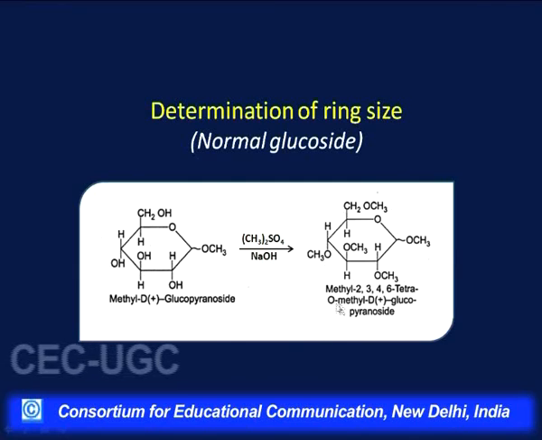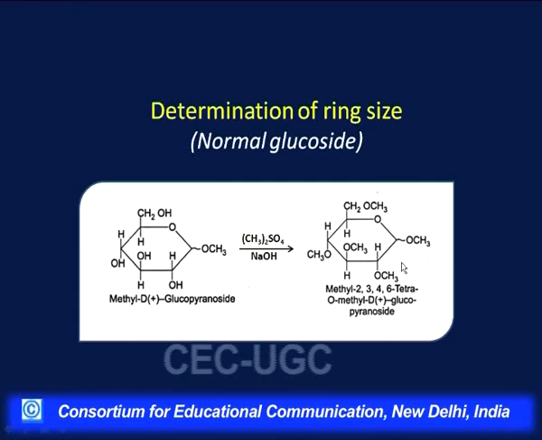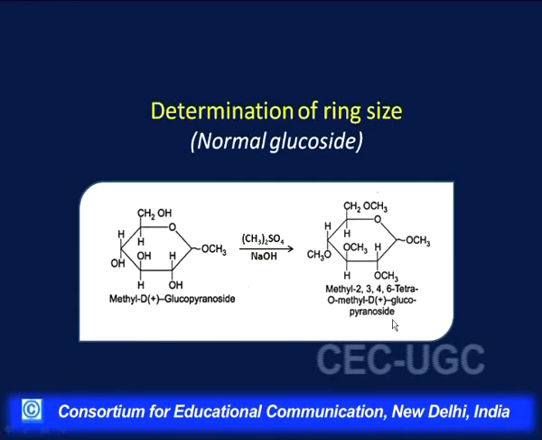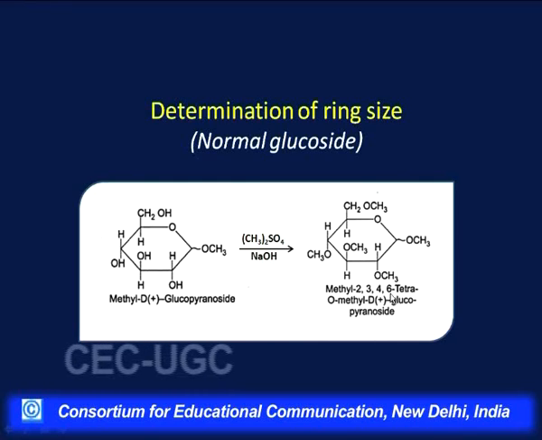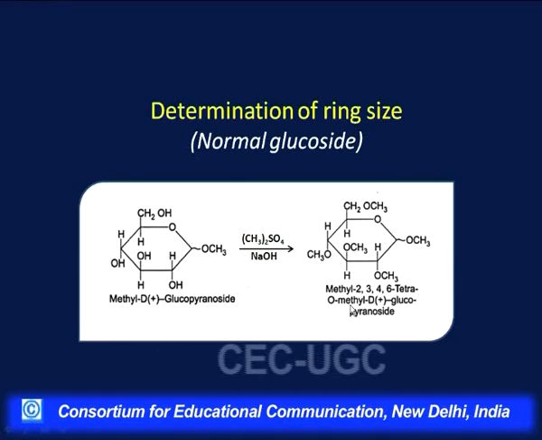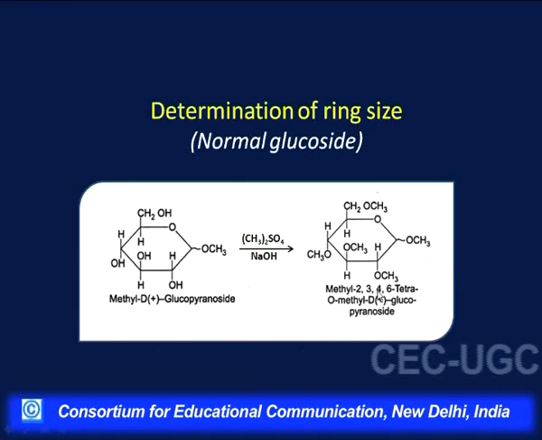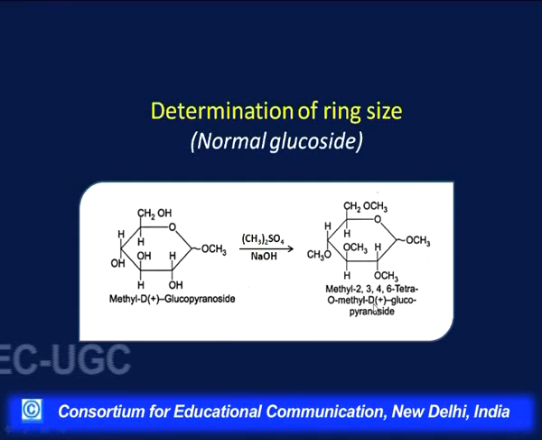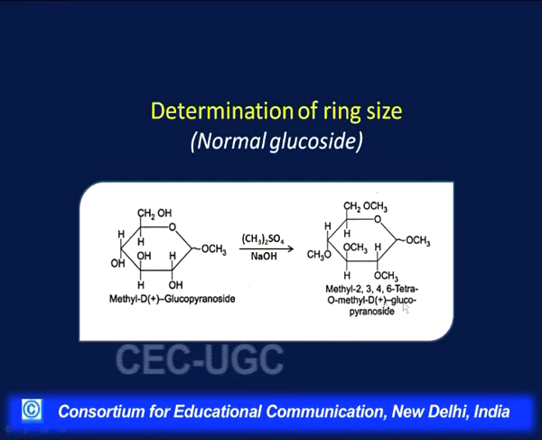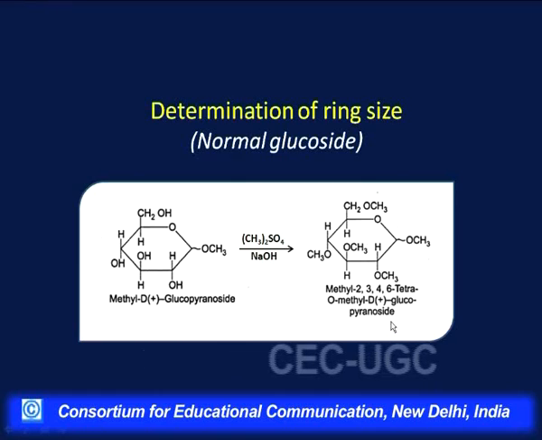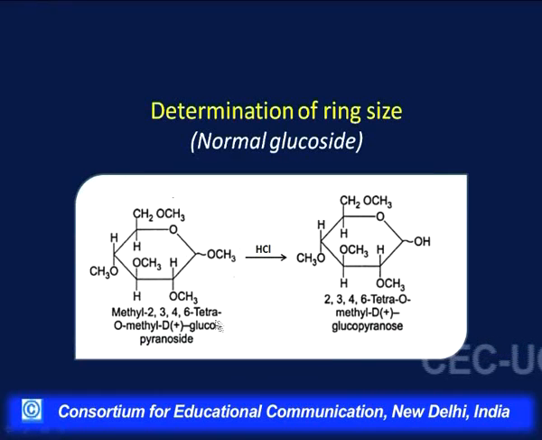2,3,4,6 tetra O methyl. In order to differentiate, because for this methyl we are using a term in the end as side, glucoside, and these are attached through oxygen. So, that is why we write a capital O before it, that 2,3,4,6 tetra O methyl. Then it is D configuration, D, dextrorotatory compound plus glucopyranoside. Then this compound is now hydrolyzed with HCl.